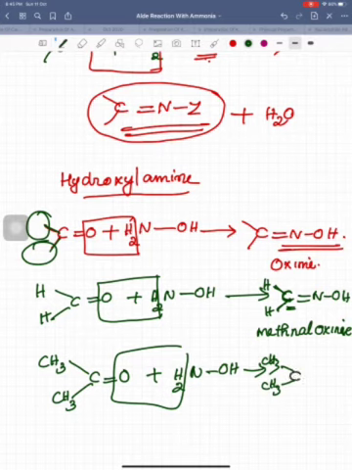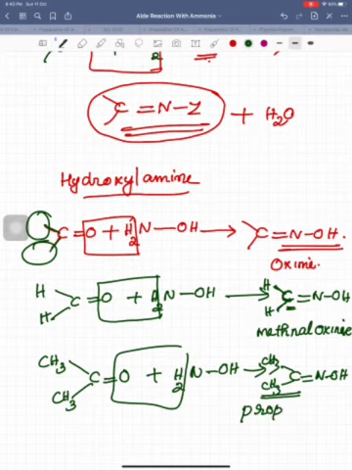The mechanism I explained is not important in this reaction, but why it is said to be nucleophilic addition, for that purpose only I explained all the mechanisms. Here you can write the name, because this is propanone, so propanone oxime is the name of the oxime formed here.